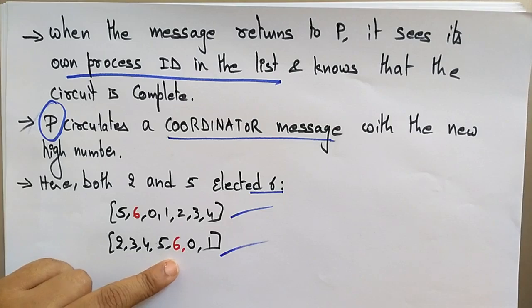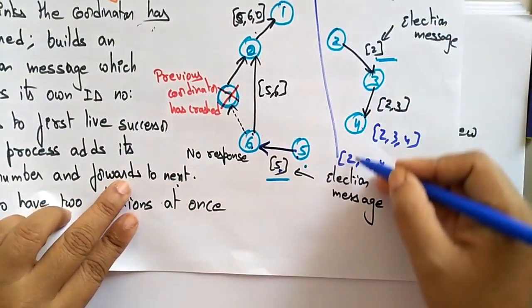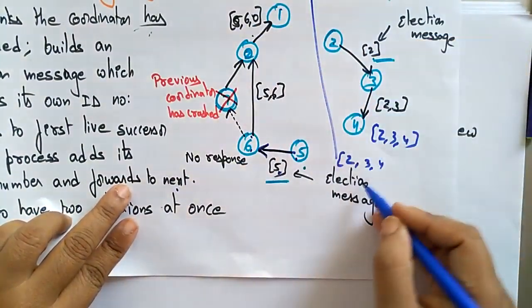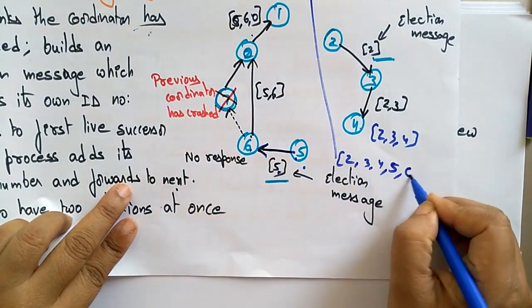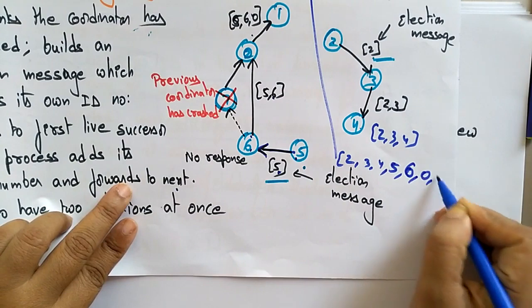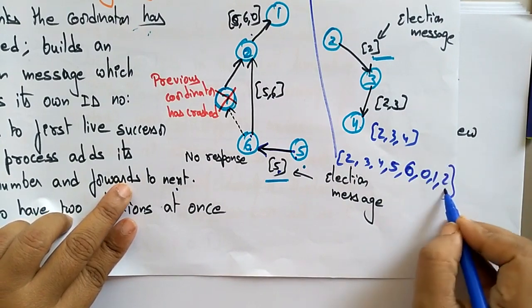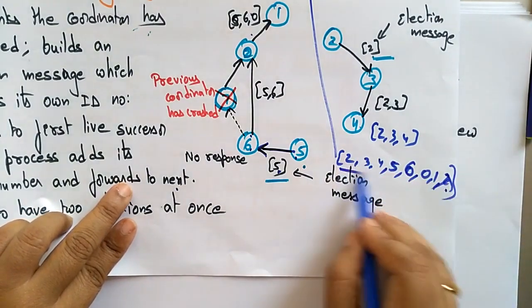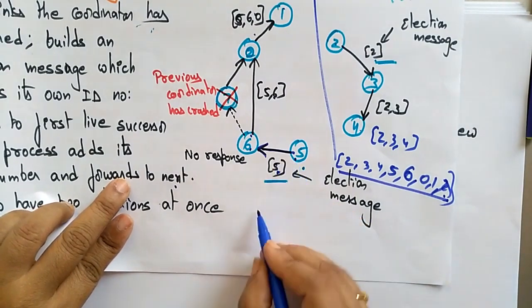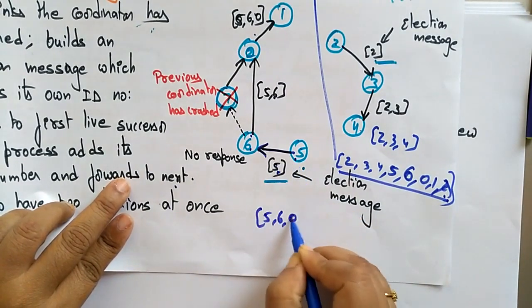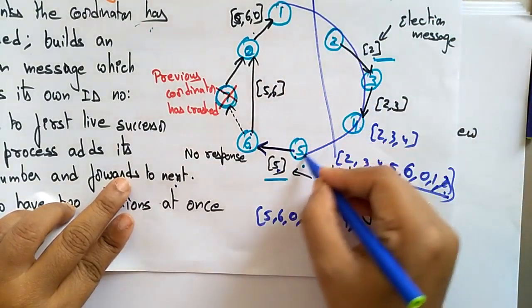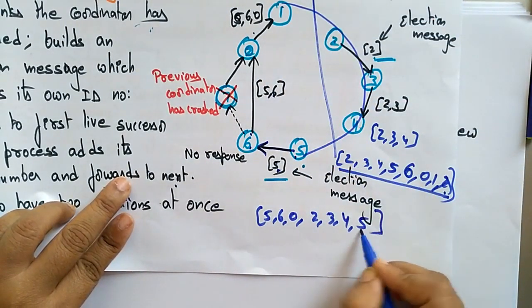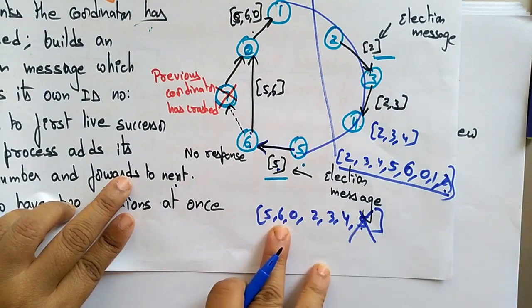First 2 completes the circuit through 4, 5, 6, 0, 1, and again 2. Whenever it sees 2, it stops the election. In the same way 5, 6, 0, 2, 3, 4, and whenever it reaches 5 again, it stops the election.